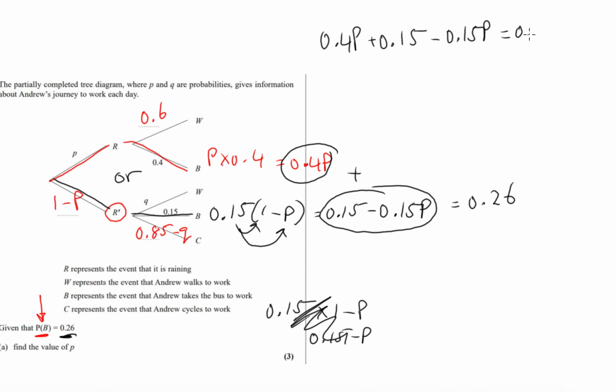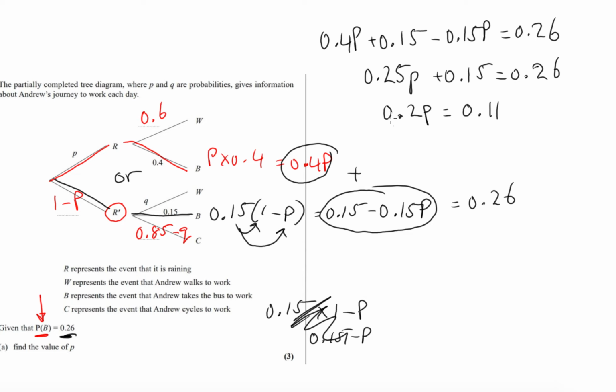is equal to 0.26. We know that 0.4P minus 0.15P is 0.25P, plus 0.15 is equal to 0.26. Now subtracting 0.15 on both sides of the equation, we get 0.25P is equal to 0.11.